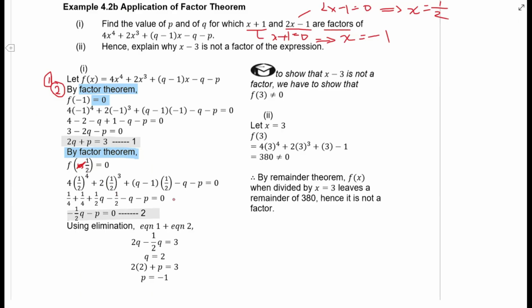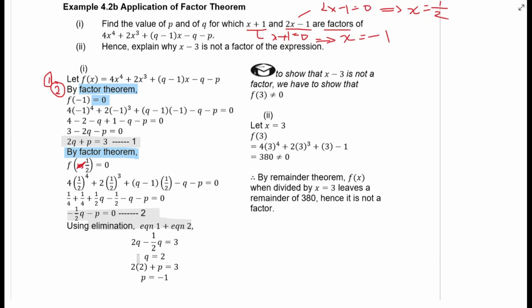Once again, you end up with 2 unknowns and 2 equations, so you use simultaneous equations. You can use the substitution method, or in this case, the elimination method works also. If you add equation 1 and equation 2 together, you realize that p cancels out. So you end up with 2q minus half q equals 3.